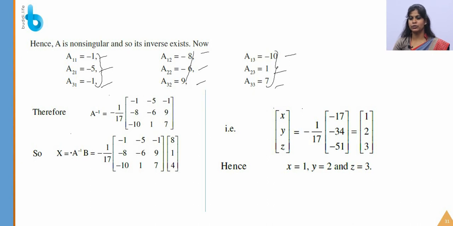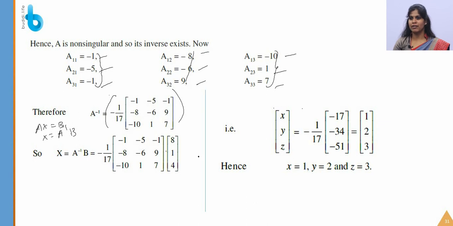We got Ax equal to B, no? As we see in the definition, since the matrix is invertible, we can write x equal to A inverse B. So A inverse is this, and B is this matrix.